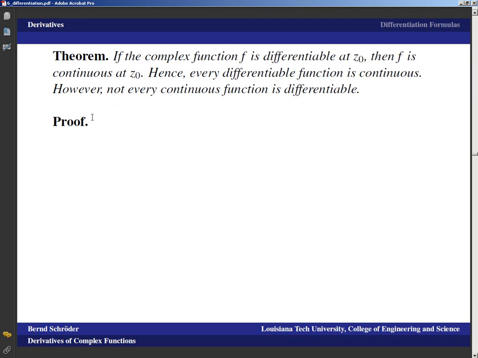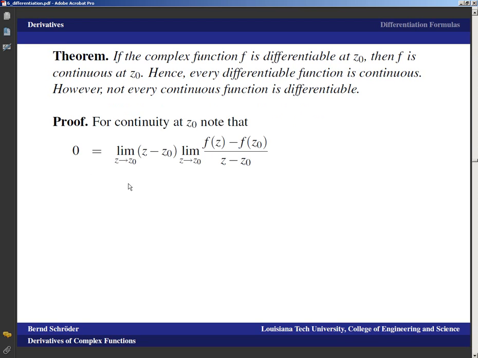And the proof, well, again, this is one of those proofs where at the end we see where the idea comes from. For continuity at z0, note that 0 is equal to the limit as z goes to z0 of z minus z0. If I multiply that with any number, and because the function is differentiable, this thing is a number, that's still 0, so that's correct.